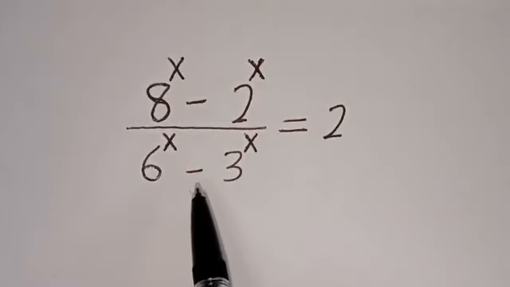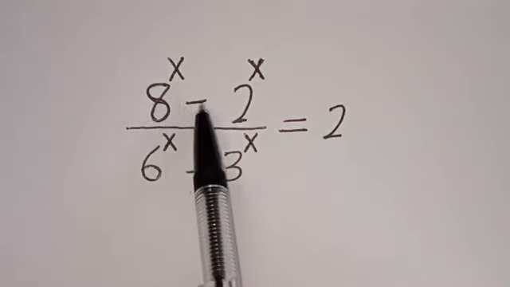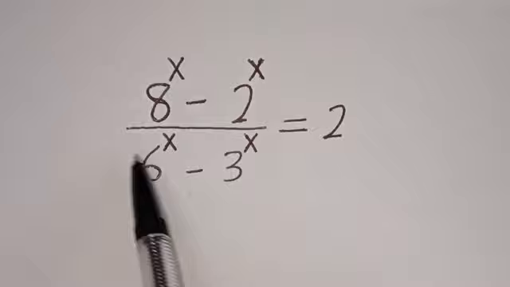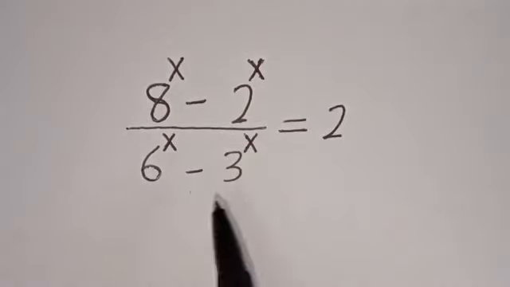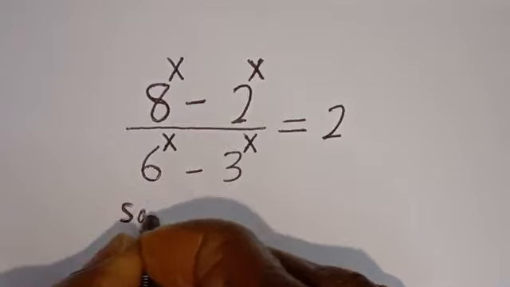Hello, how to solve for x in this equation? 8 to the power of x minus 2 to the power of x, divided by 6 to the power of x minus 3 to the power of x, is equal to 2. Solution.